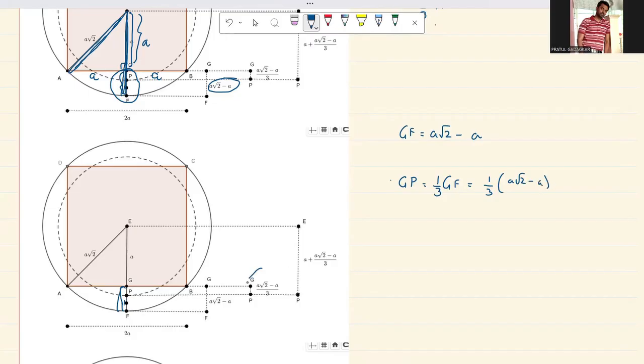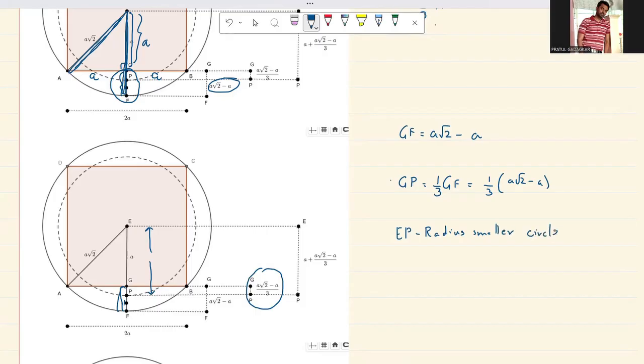You can see, GP is actually 1/3 of GF, that's why it is 1/3 of A root 2 minus A. And therefore, the radius of the smaller circle, the radius of the dotted circle that you have, is this. This is the radius of the circle, which is EP. So EP is the radius of the inner or smaller circle.